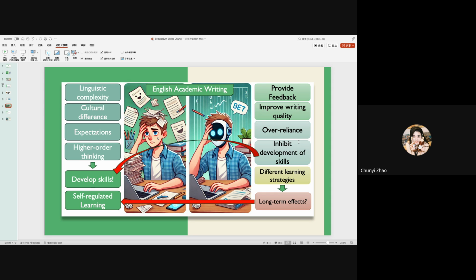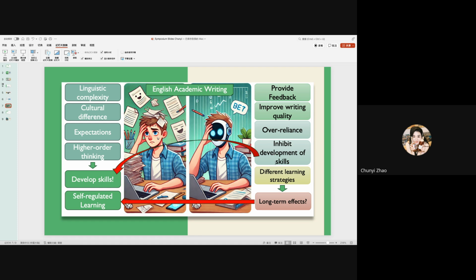They just over-rely on AI chatbots. And sometimes AI chatbots can inhibit the development of skills because the writer can never beat humans, but humans still need to develop skills. So the over-reliance on chatbots can inhibit their development.